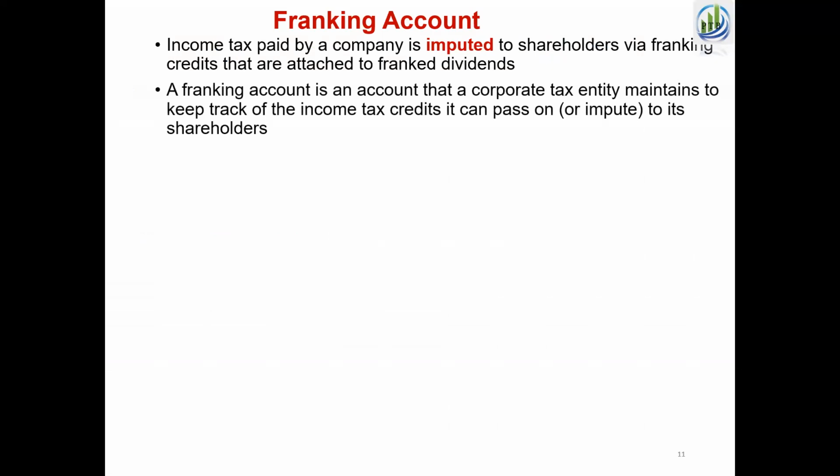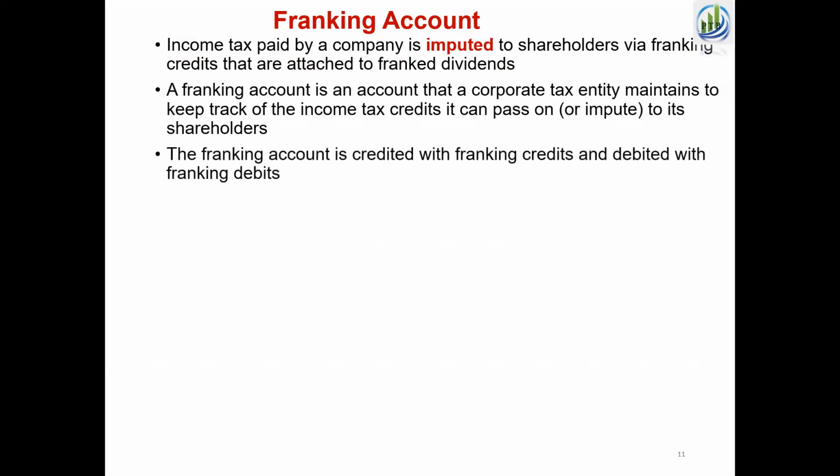Whenever a company issues a franking credit, you are required to have a franking credit account. So what is the franking credit account? Whenever you pay tax to the ATO, that will be credited. Whenever you pay that 82,500 to the ATO, your tax amount of 82,500 is credited in your company franking credit account, right?